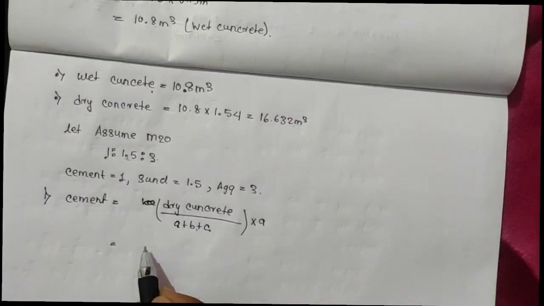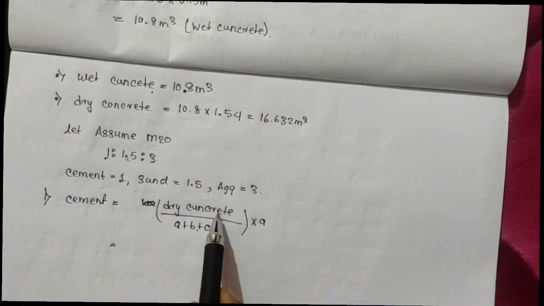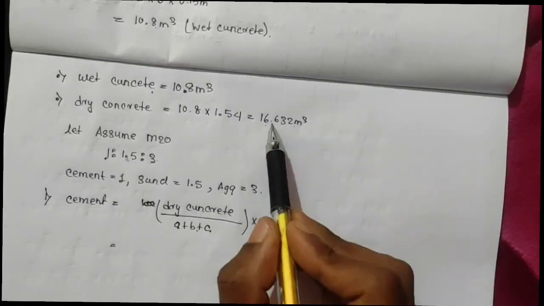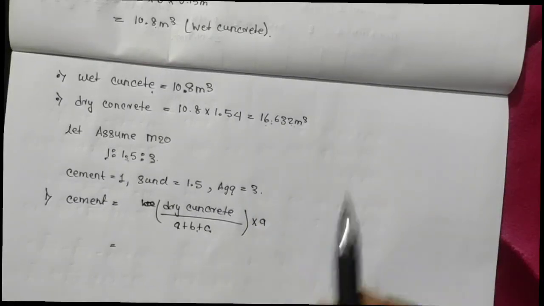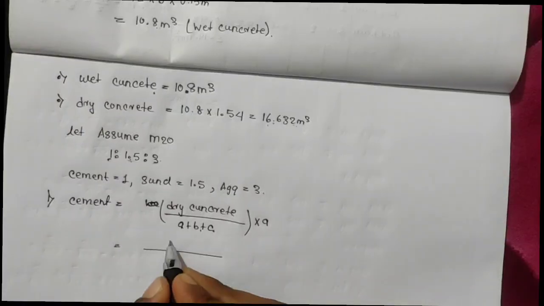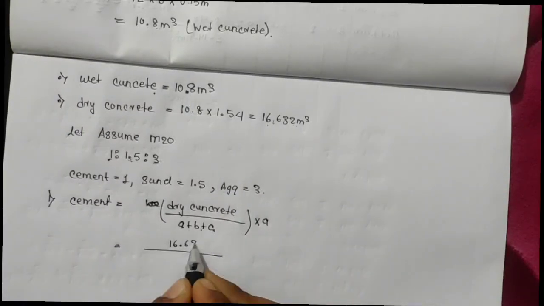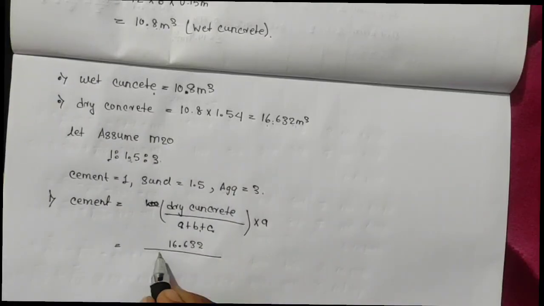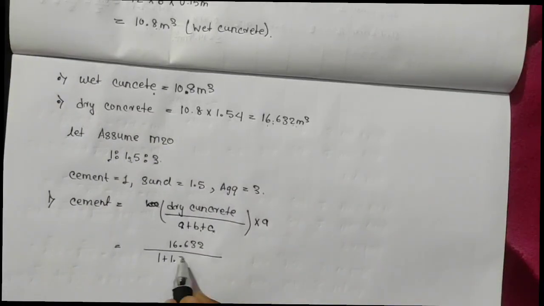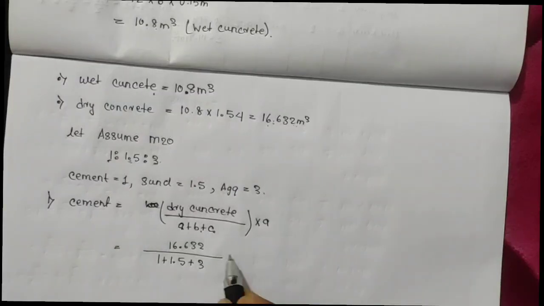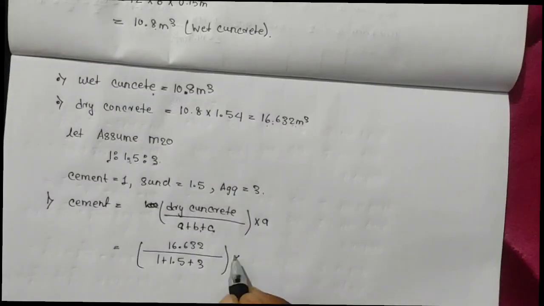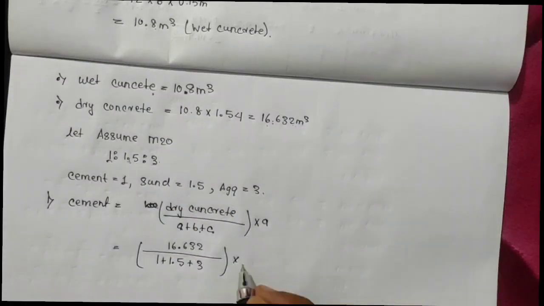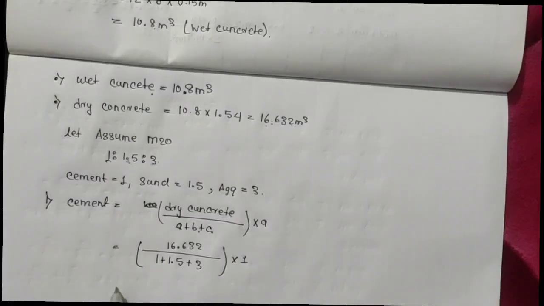Dry concrete is 16.632 meter cube, and A plus B plus C is 1 plus 1.5 plus 3, and A is 1.